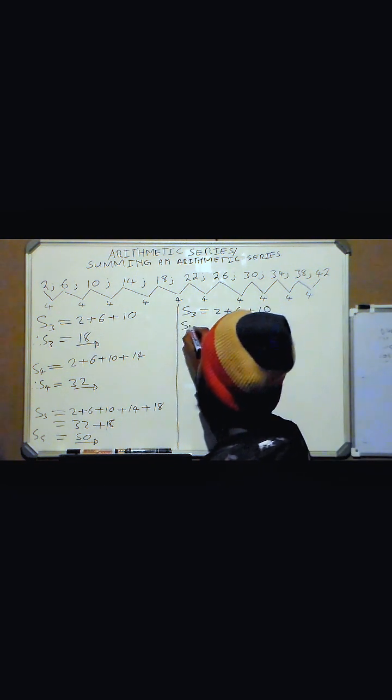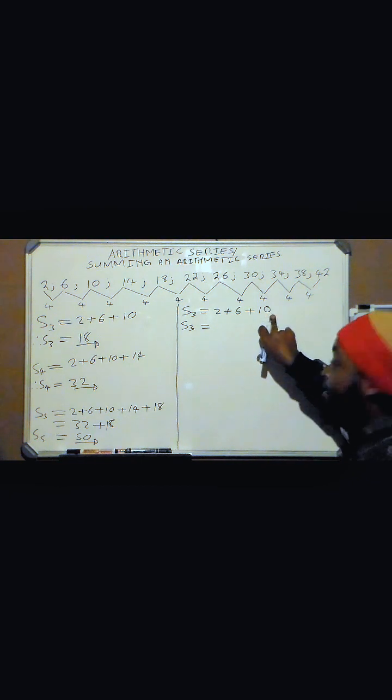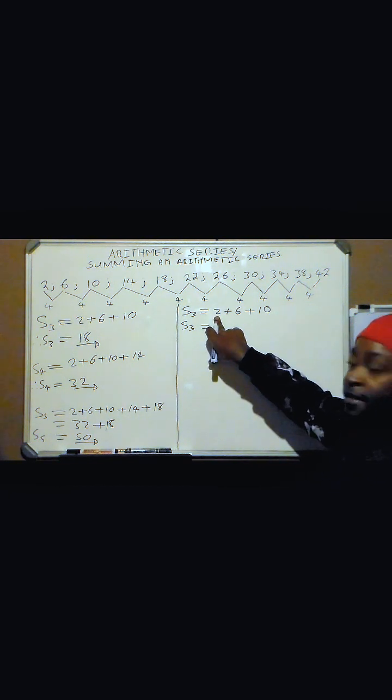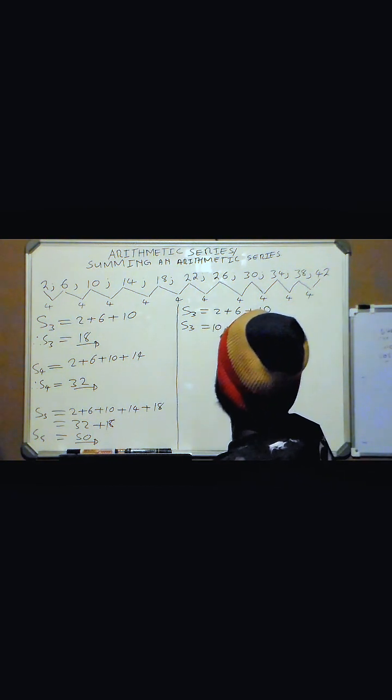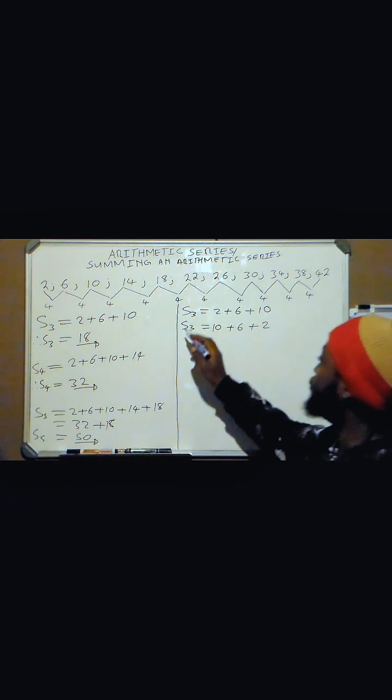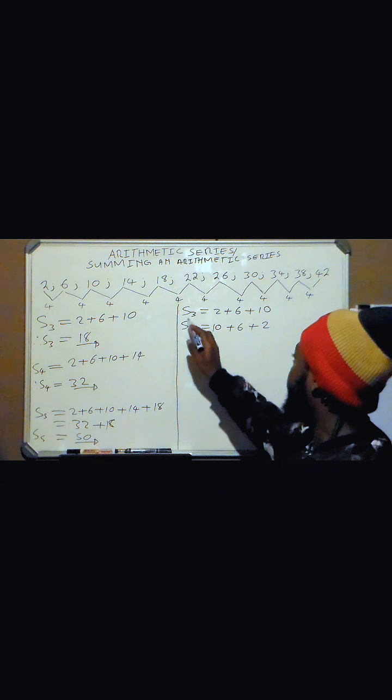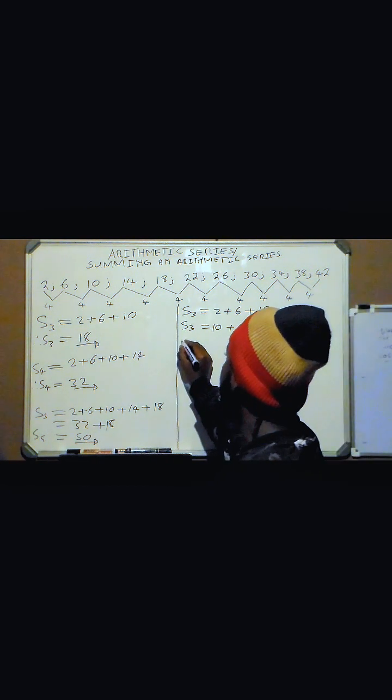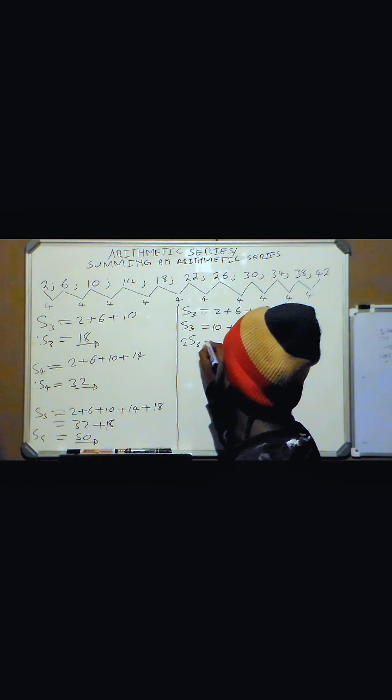So we have S3 equals 2 plus 6 plus 10. The reverse would start with the last term until we end with the first term. So this would be 10 plus 6 plus 2. And then we add the two series together. So it's going to be S sub 3 plus S sub 3, which gives us 2S sub 3.